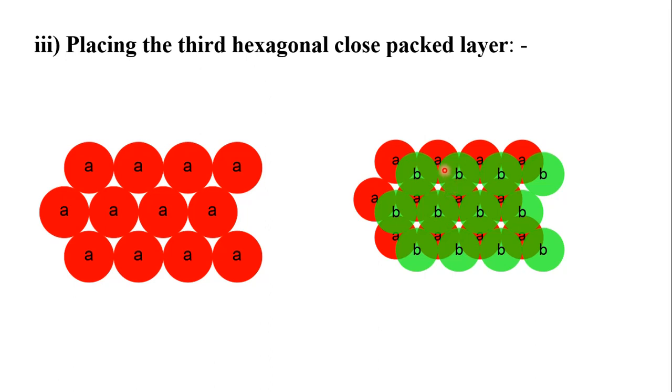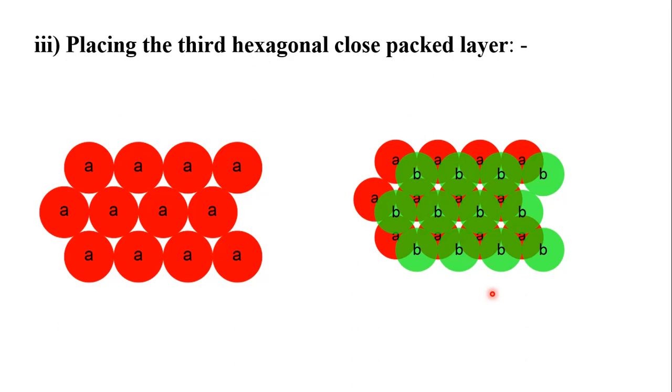It is surrounded by six spheres, three green spheres from the second layer and three spheres from the first layer. So the octahedral void is surrounded by six spheres. Such voids are created due to stacking of two hexagonal close packed layers.